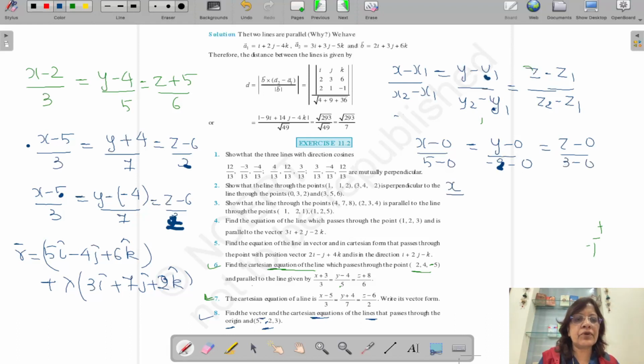The answer is x upon 5 is equal to y upon minus 2 is equal to z upon 3.